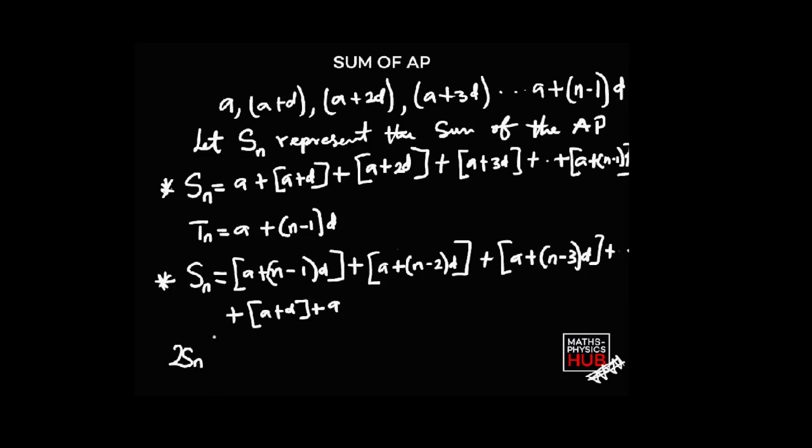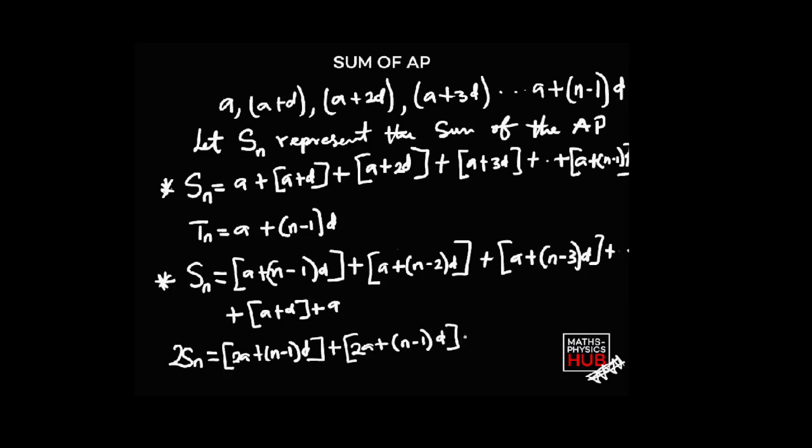And then that will give us 2A plus n minus 1 times D in bracket, plus 2A plus n minus 1 times D, and so on like that.